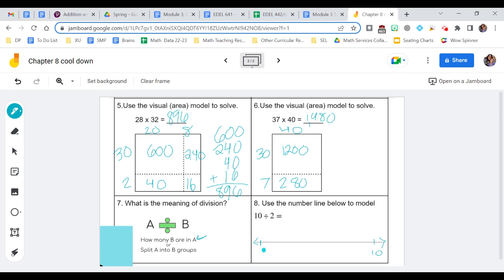So if I wanted to know that, I could maybe start at 0 and go 2, another 2, another 2, and repeatedly finding those groups and putting them in. So then I can count up my groups, 1, 2, 3, 4, 5, and my answer is 5. There were 5 groups of 2 hiding in 10. So that's just one way that you could use the number line to solve that division problem.